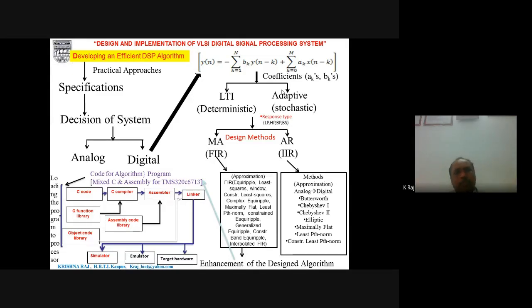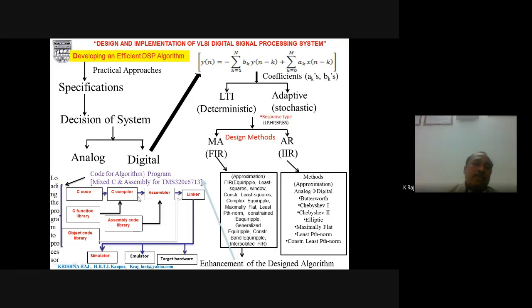For example, we can use CCS, Code Composer Studio, in which, if the program is written in C, the .c file is given as input to the C compiler compatible with that particular processor, and it will be converted into the .asm file.